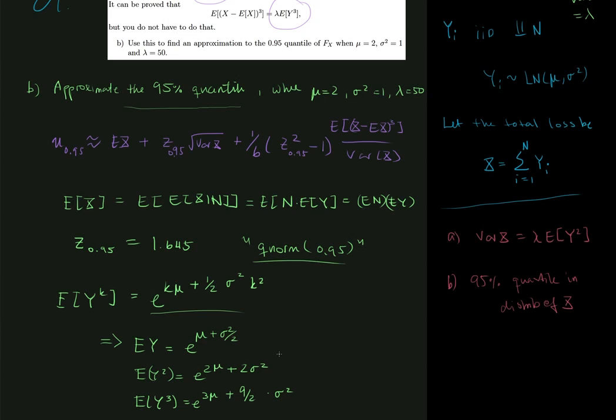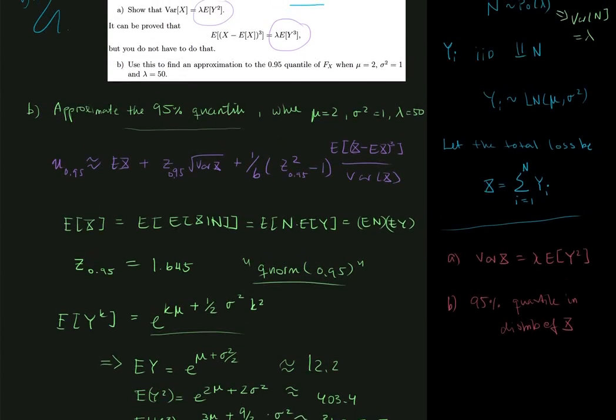These numerical values are 12.2, 403.4, and 36,315.5. So basically what we do now is we can just substitute everything that we can into this formula.